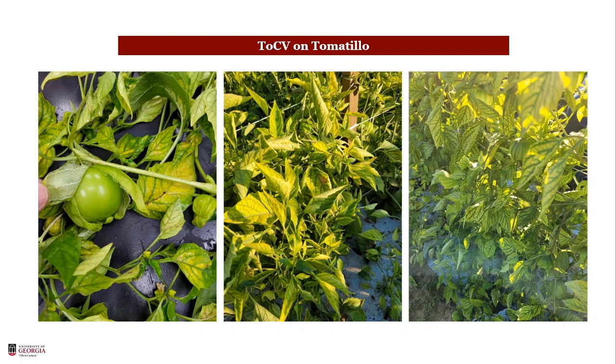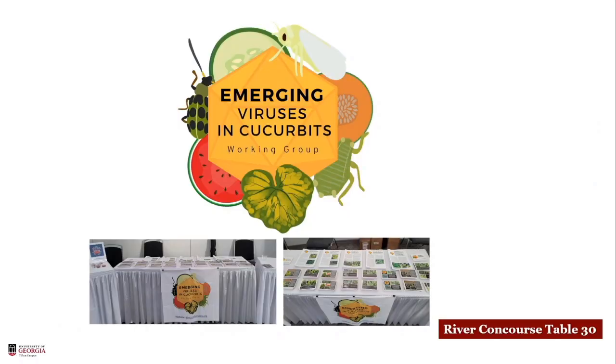What we found is that these are all due to the presence of the new virus TOCV, not due to a nutritional deficiency. So the virus is now expanding its host range, from tomato to tomatillo. We need to do further studies. This is just what we have observed this fall.